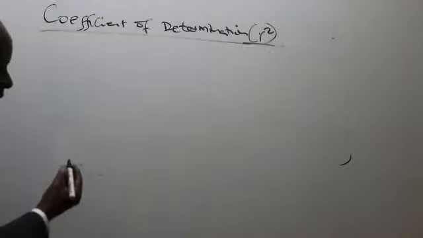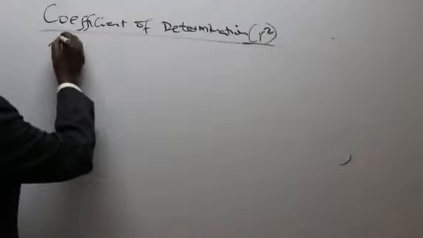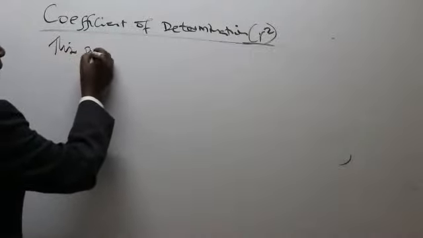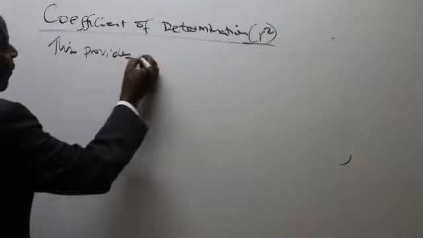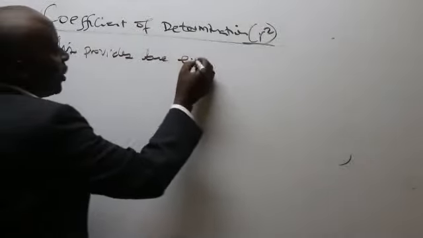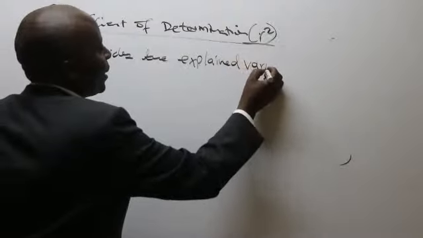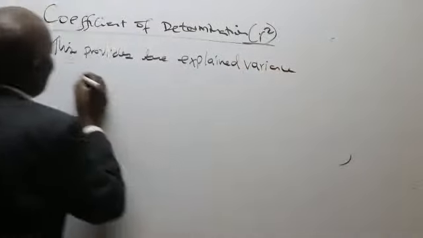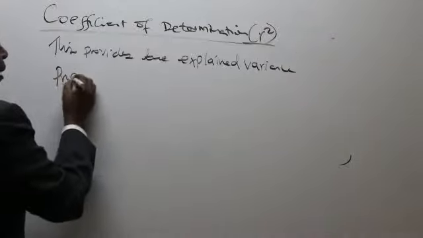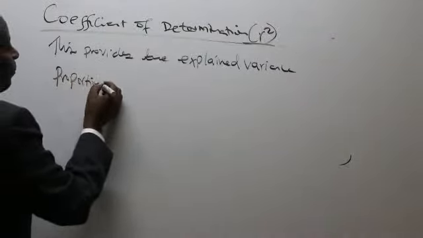So it tells us that this provides the explained variance proportion.